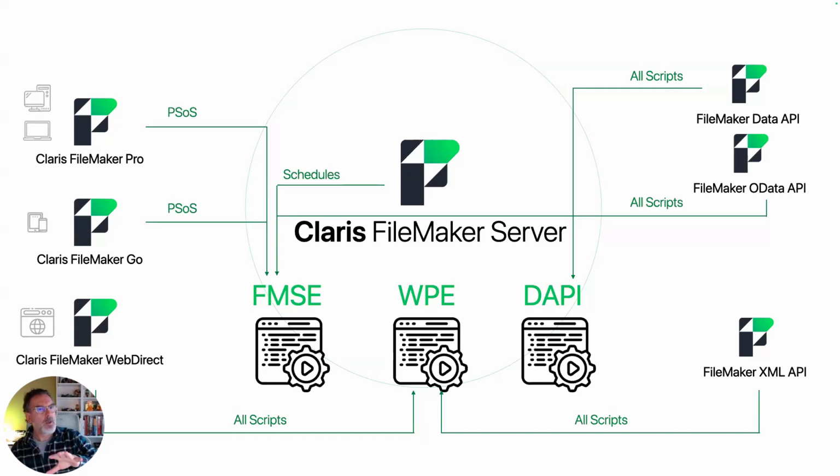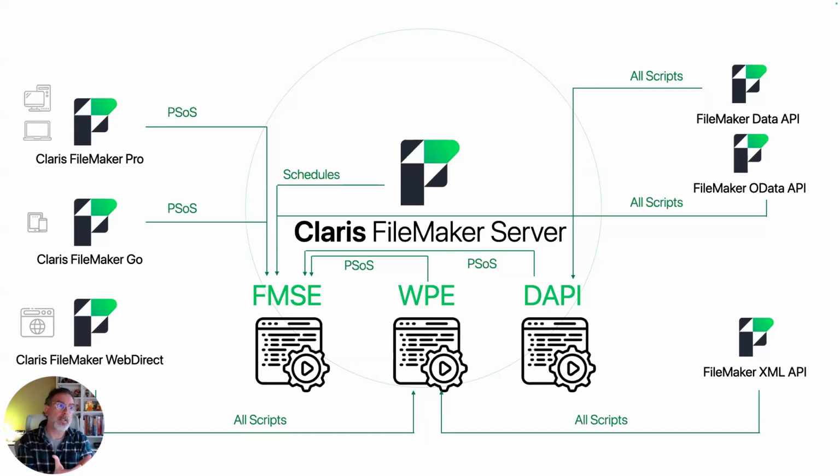Now, for the longest time, the data API engine and the web publishing engine were already able to use perform script on server. So think about that for a sec, because it's an interesting concept. Because you may be thinking, I have a WebDirect session and I have a script that runs and I do perform script on server. You think WebDirect is already on server, so it's really all in the same place.